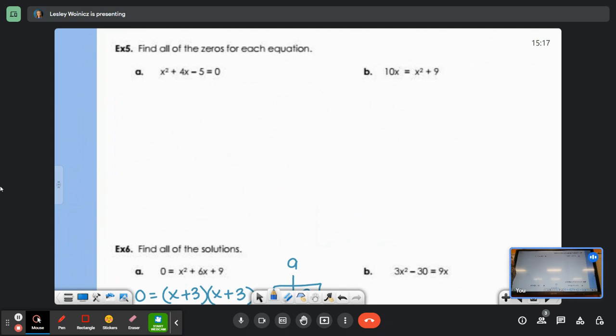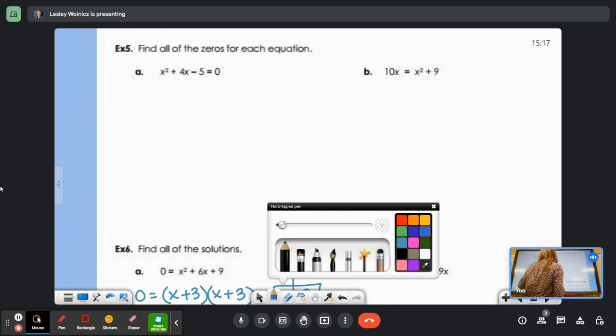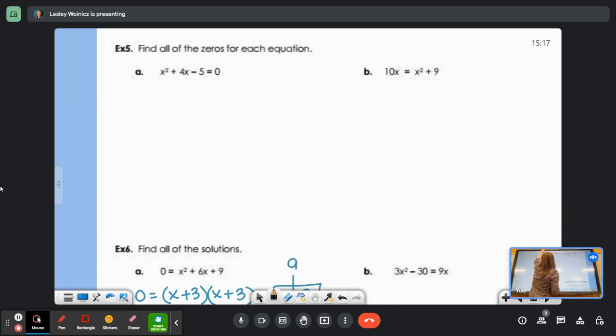Because in order to use the ZPP, we have to have our factors set equal to 0. So there's no point in trying to factor until we get that 0. It's pointless, futile. Okay? So what we need, guys, is standard form set equal to 0. So it'll look like this: ax squared plus bx plus c equals 0.